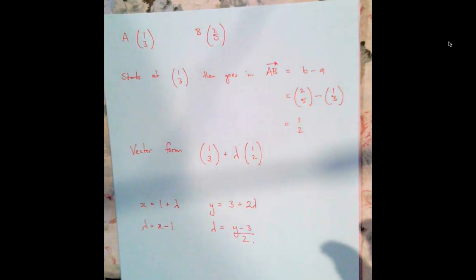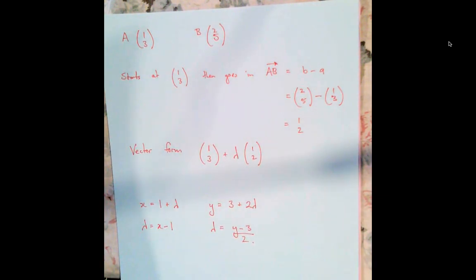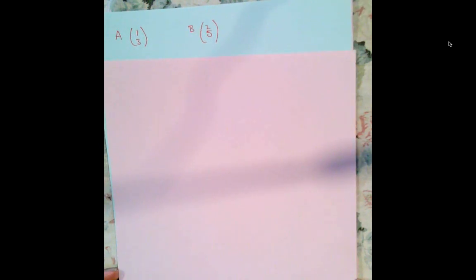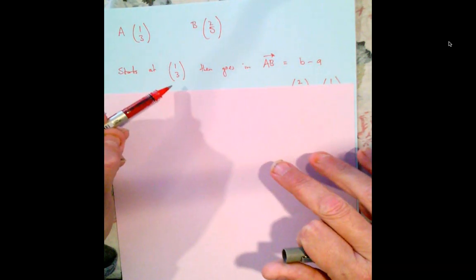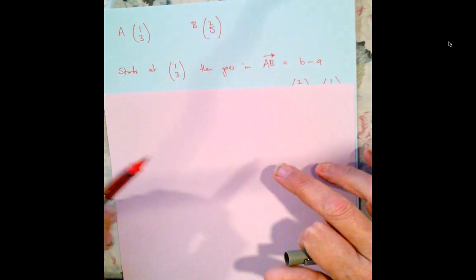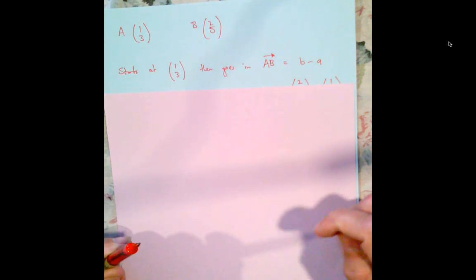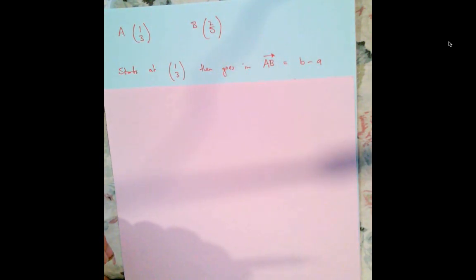If we start with the vector (1, 3), and B is (2, 5), what we're looking for is the vector that is joining those. So it starts at (1, 3) and goes in the direction of AB. And what you've got to remember is how do we find the direction?